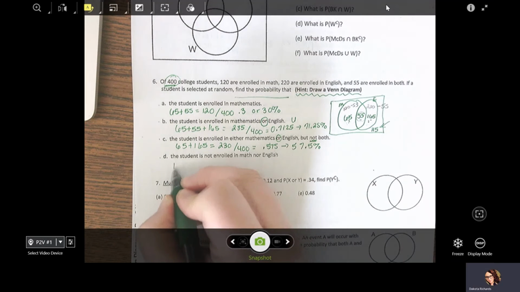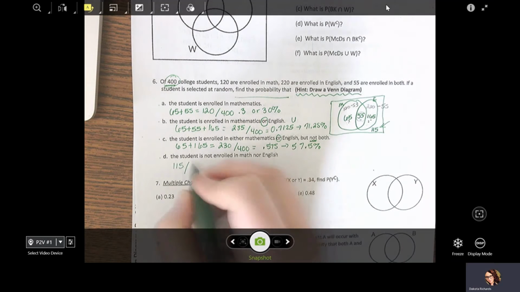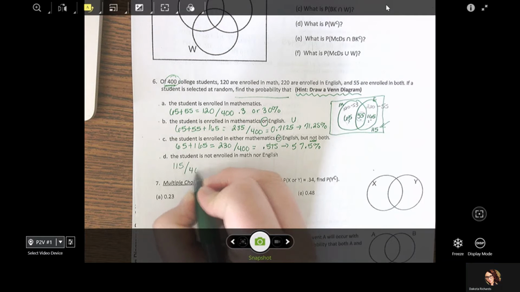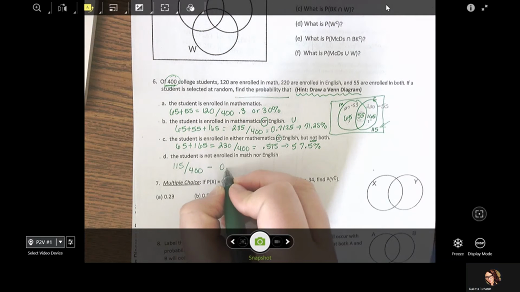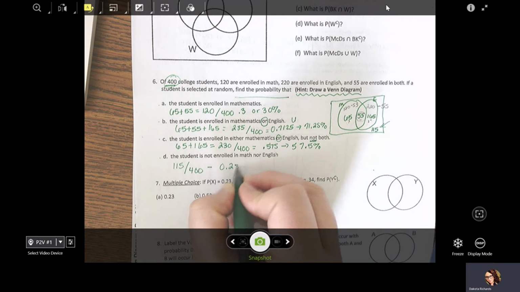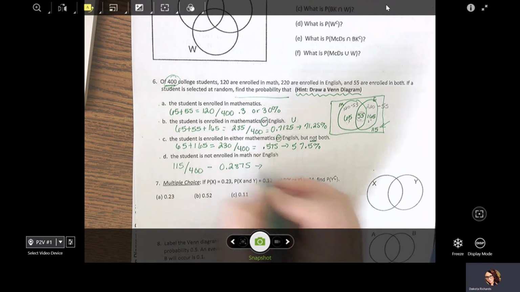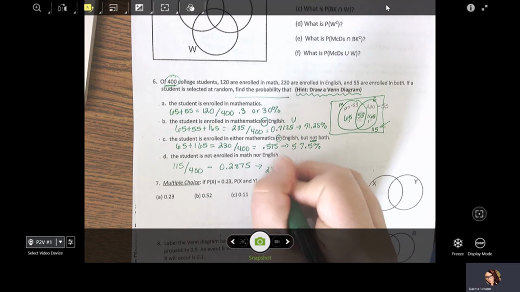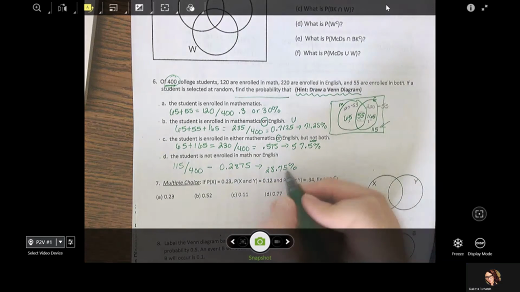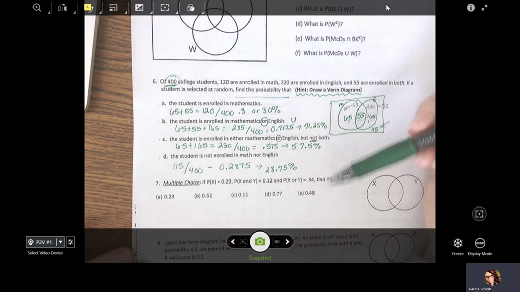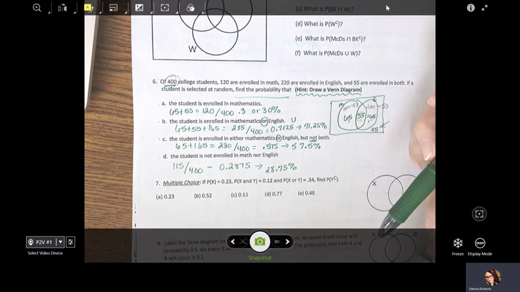So that's going to be 115 out of 400. And that decimal is 0.2875. Turn that into a percent. We have 28.75%. Okay. So that was the homework from last week.